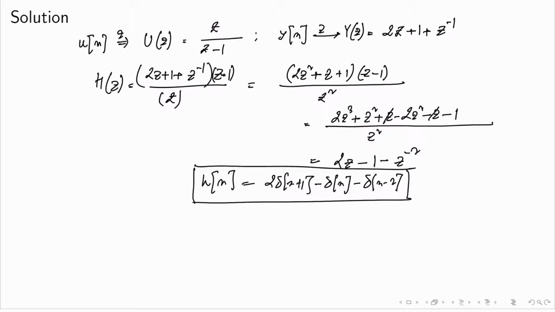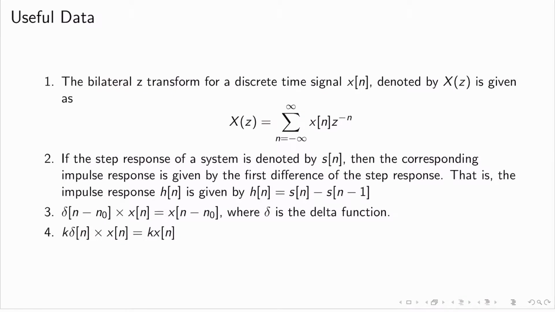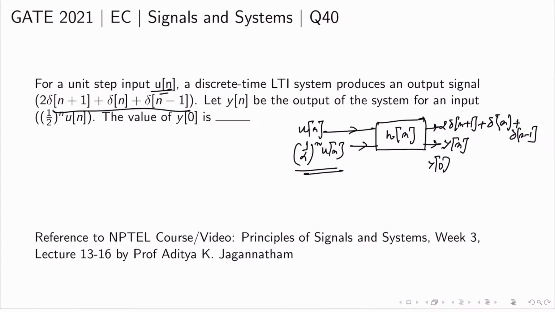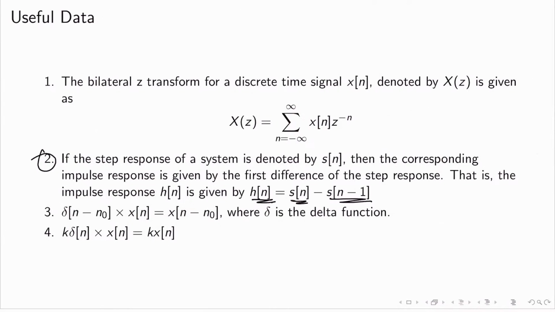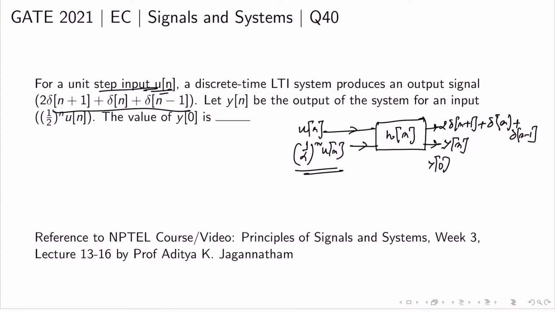And there is a different approach to finding this impulse response of the system, which is given in our useful data point number 2, which says that h of n is equal to s of n minus s of n minus 1. And since it is given in the question that the input is a unit step input, then s of n will be given by the output of the system, that is 2 delta of n plus 1 plus delta of n plus delta of n minus 1.